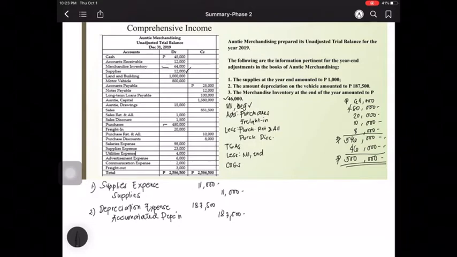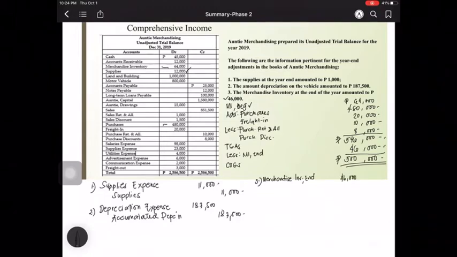And how do we do that again? For our third adjusting entry, what do we do? First, we have to establish our merchandise inventory end for the amount of 46,000.